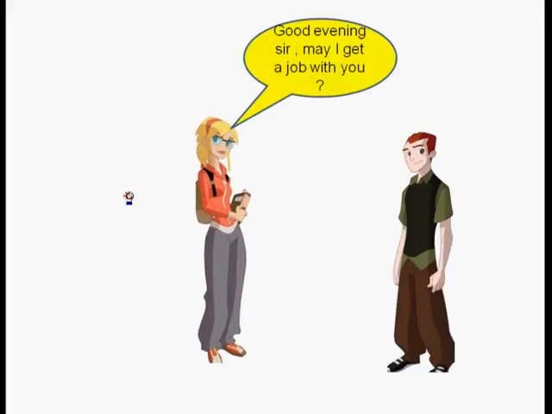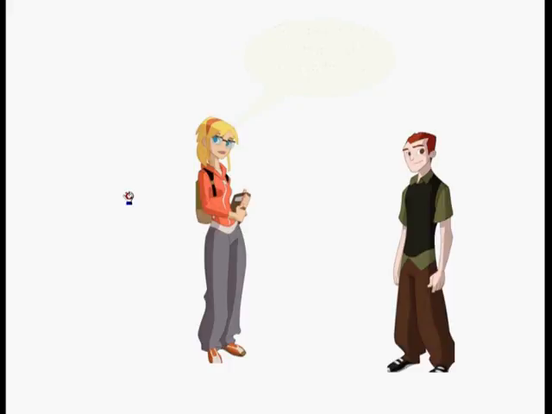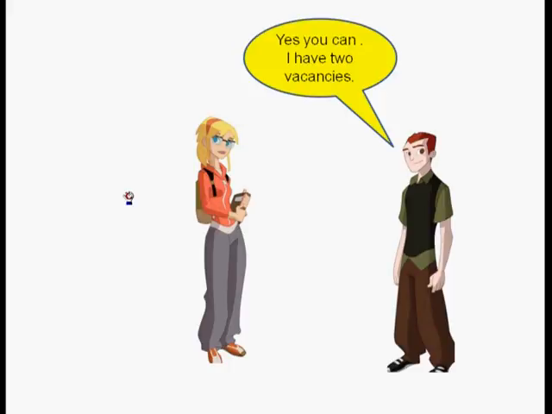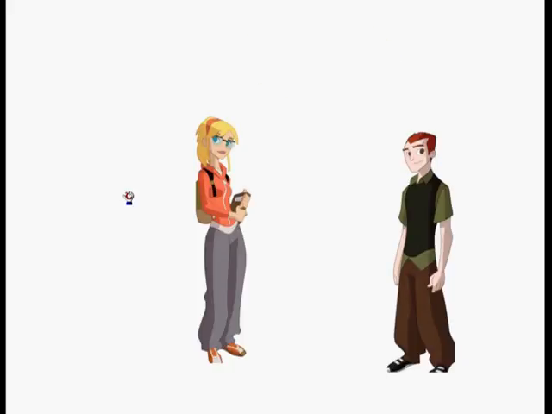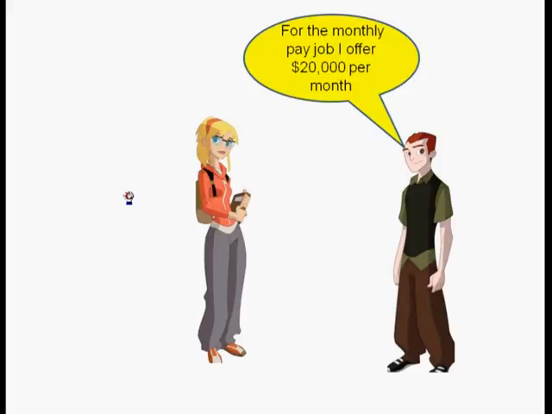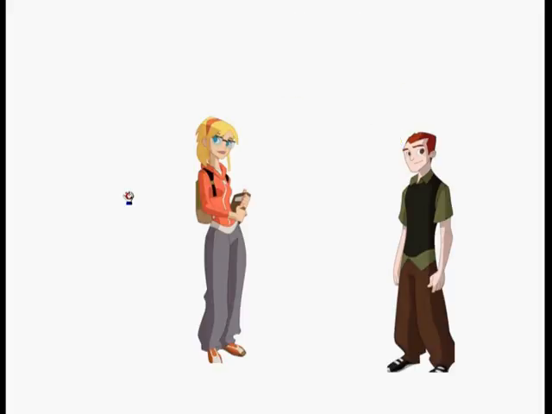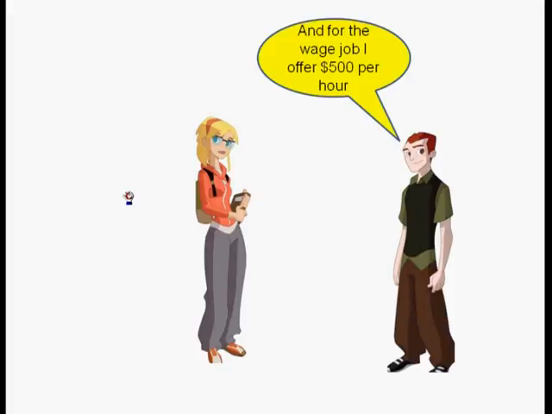Good evening, sir. May I get a job with you? Yes, you can. I have two vacancies. For the monthly pay job, I offer $20,000 per month. And for the wage job, I offer $500 per hour.